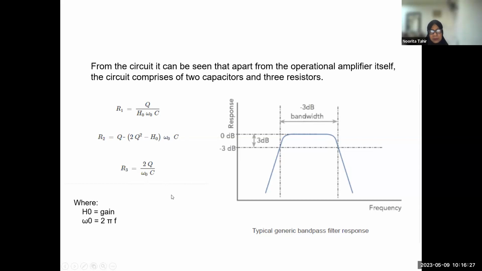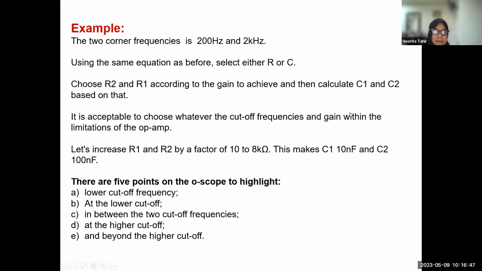And how do we compute the R3? This is the band pass filter response, and as I mentioned earlier, the allowable bandwidth should be sufficient or acceptable.